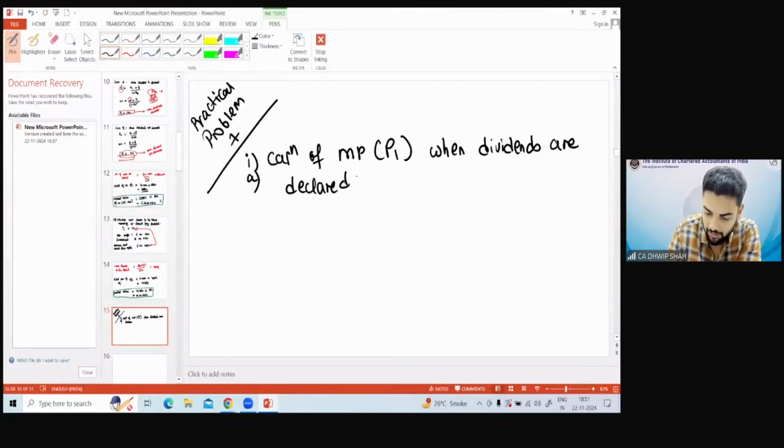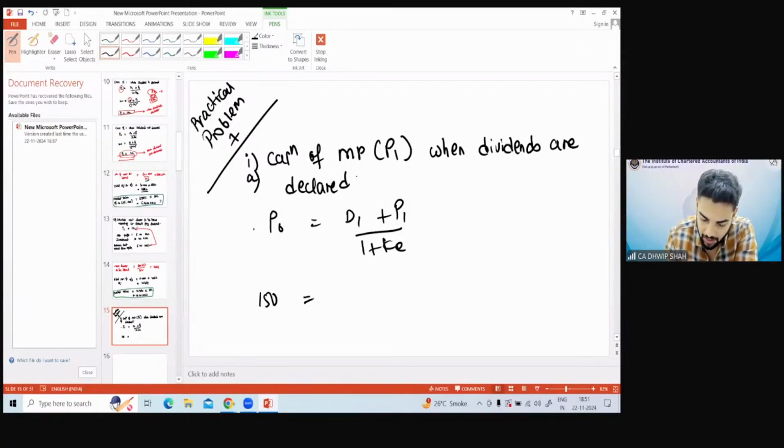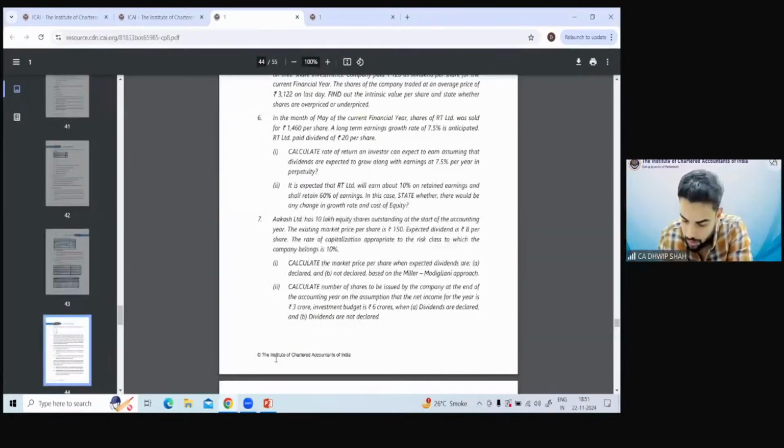Can you all tell me the formula under the dividend decision chapter? D1 plus P1. Yes, correct. P0 is equal to D1 plus P1 upon 1 plus KE. P0 is 150. And if dividends are declared, how much is the amount of dividend?